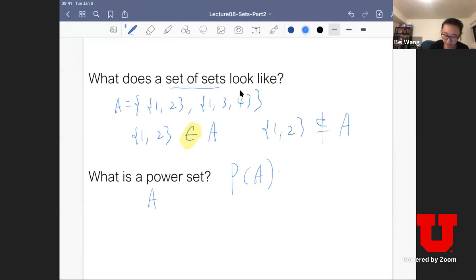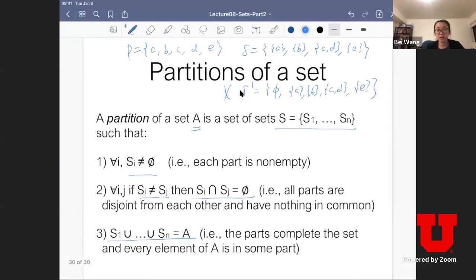The power set's mathematical formula is the set of all S such that S is a subset of A. And always remember, the empty set is always an element of the power set. Okay, so that's it for the second part, and I will see you in the recitation to do more practice problems involving sets.